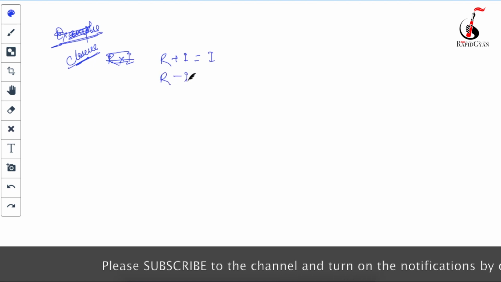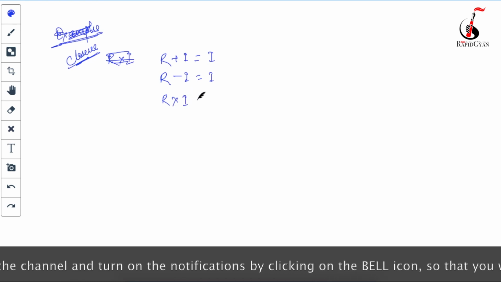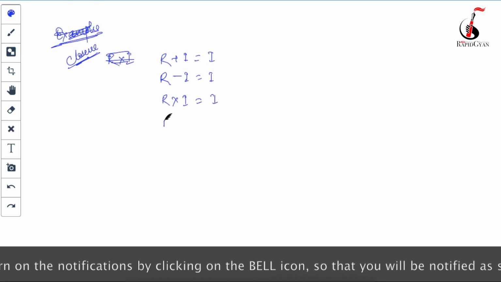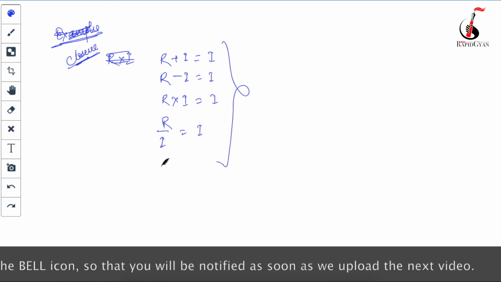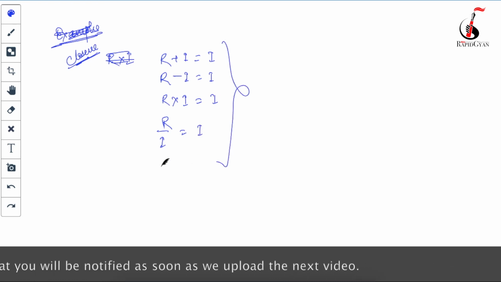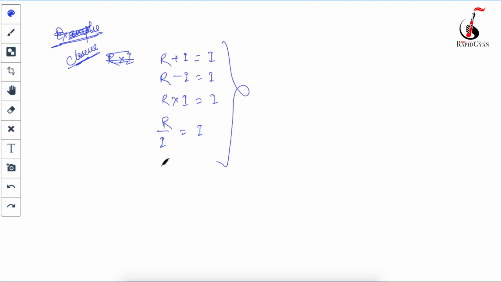Rational minus irrational will also give irrational. Rational multiplied by irrational will give irrational, and rational divided by irrational will also give irrational. Just remember these things. If I perform any operation between two numbers in which one is rational and the other is irrational, then my answer will always be an irrational number. Just remember this. Your example is based on that only.